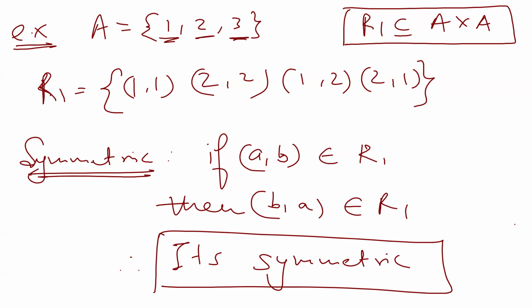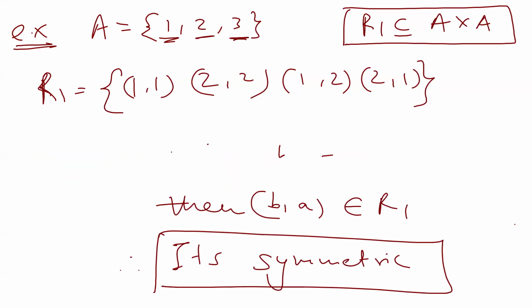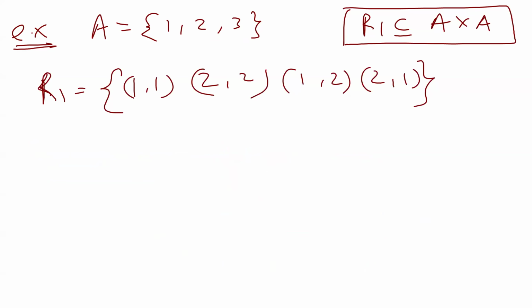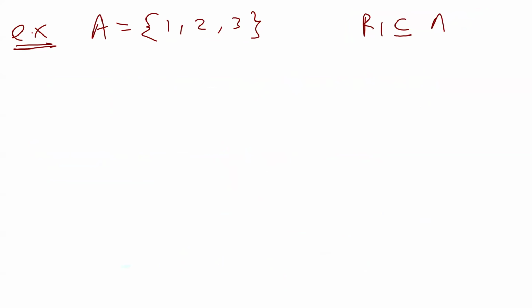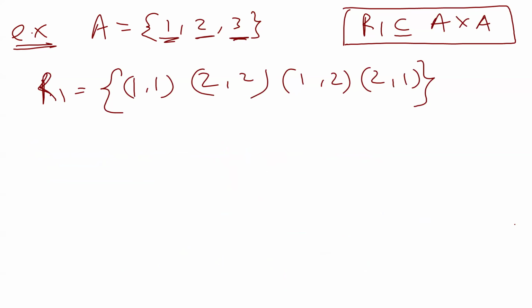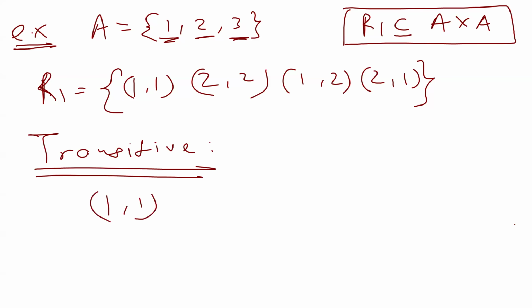Okay. Now let us understand transitive. In the same example, we have to understand whether it is transitive or not. Now let us start with 1 comma 1 is true.